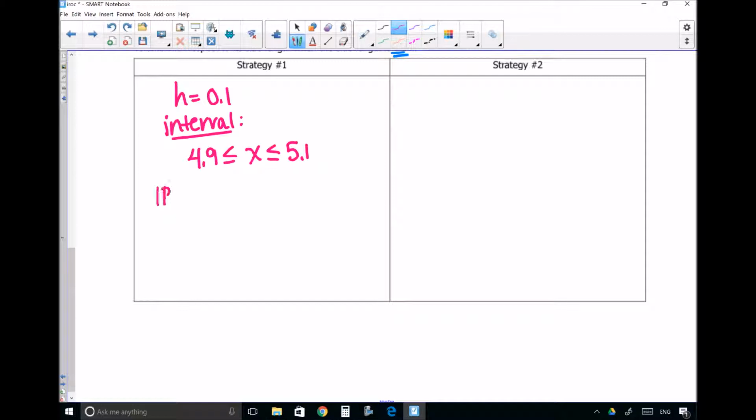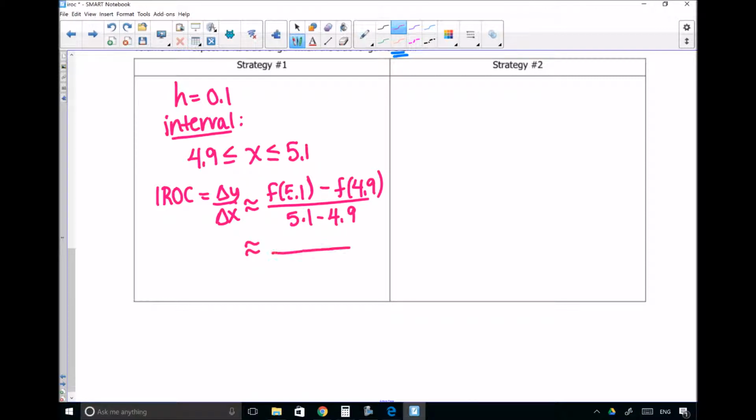So that means that my instantaneous rate of change is equal to delta y over delta x, which is approximately f of 5.1 minus, let's make this clear that it's 5.1, minus f of 4.9 all over 5.1 minus 4.9, okay?